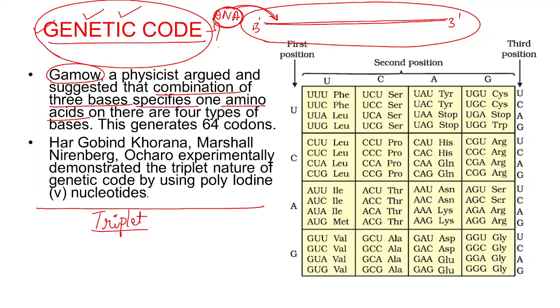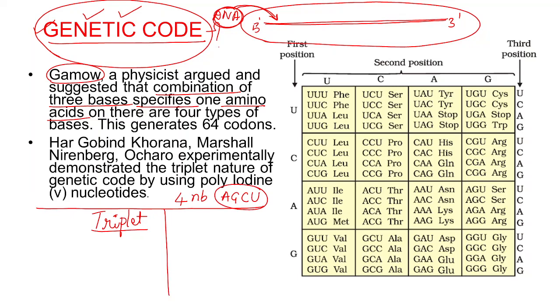If you ask this question, the answer can be explained like this. There are a total of 4 nitrogenous bases: adenosine, guanosine, cytosine and uracil. On the particular mRNA, these 4 nitrogenous bases will be repeatedly occurring.